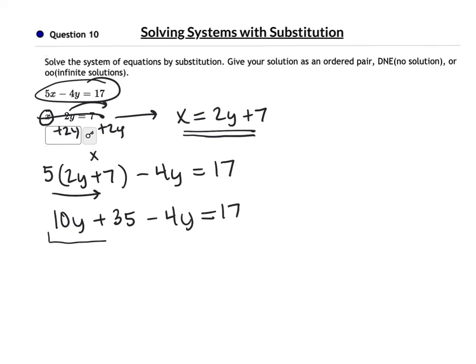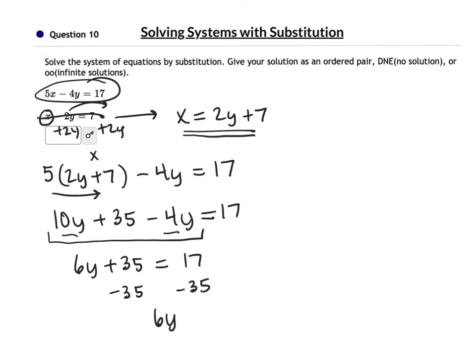Combine like terms. 10y and negative 4y make 6y plus 35 equals 17. Take a 35 off each side. 6y equals 17 minus 35 is negative 18. Now we can divide both sides by 6, and y equals negative 3.